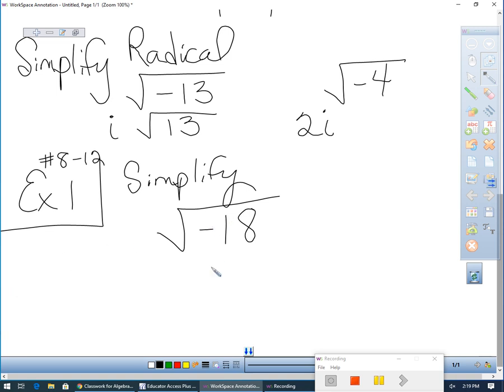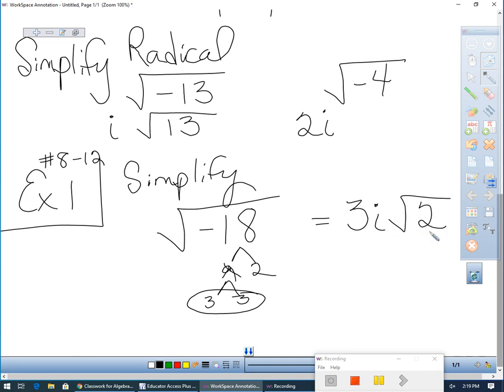So we know this negative is going to come out as I. 18 breaks down into 9 times 2. 9 is 3 and 3, so we have a group of 3's that come out. We know we have to have this negative as an I, and left inside the square root is the 2. It is pretty easy. It's the same as what we were doing before. If there's a negative inside, you put an I on the outside.